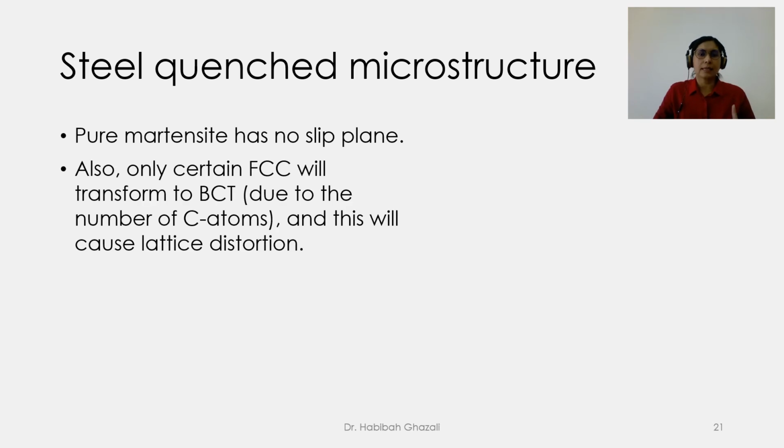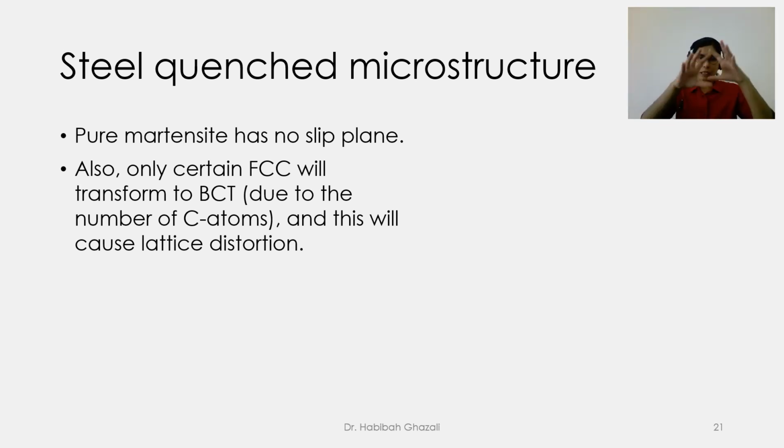Also, steel contains fewer carbon atoms than its unit cells. Only some of the BCC cells will expand tetragonally. The others will remain BCC. We know that steel only contains 2% or below amount of carbon.